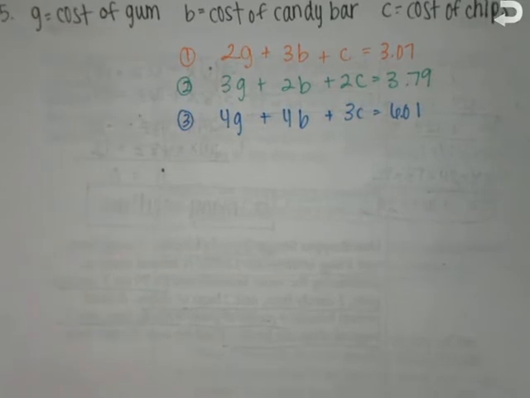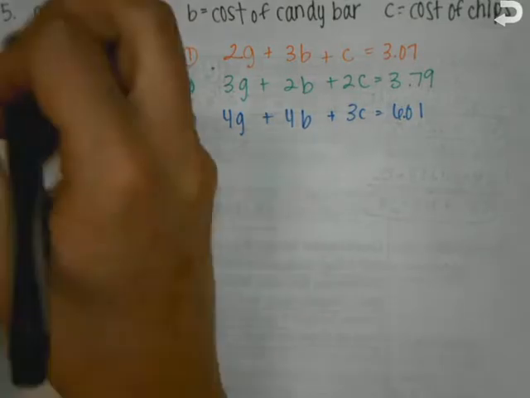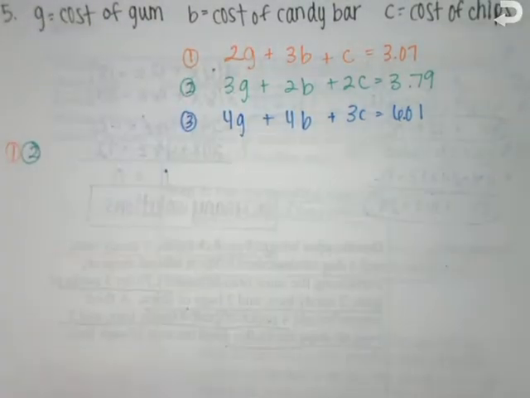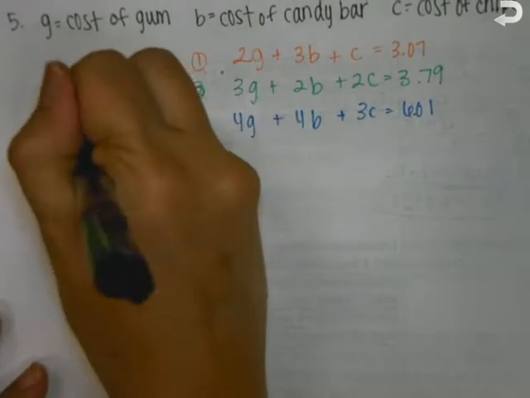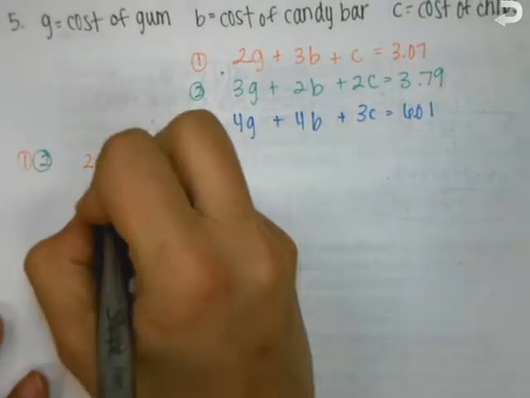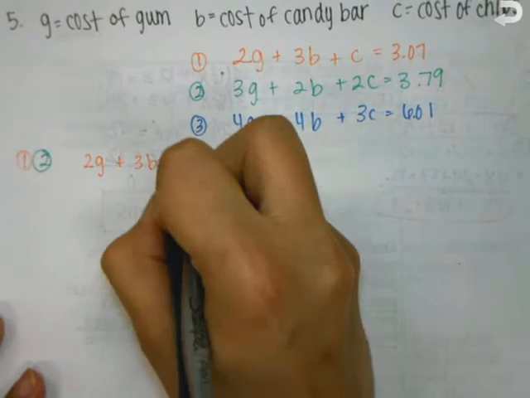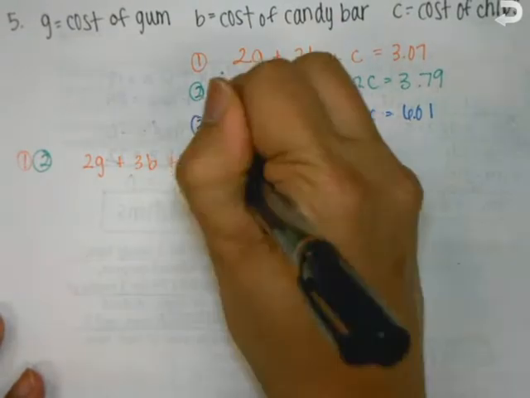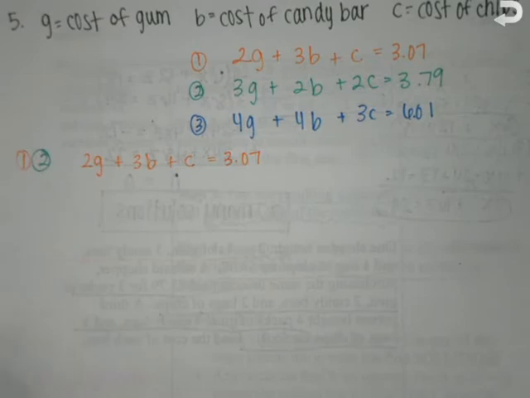So we have 2g, and I would leave a little bit of space because we're going to have to multiply, plus 3b plus c equals 3.07, and 3g plus 2b plus 2c equals 3.79.